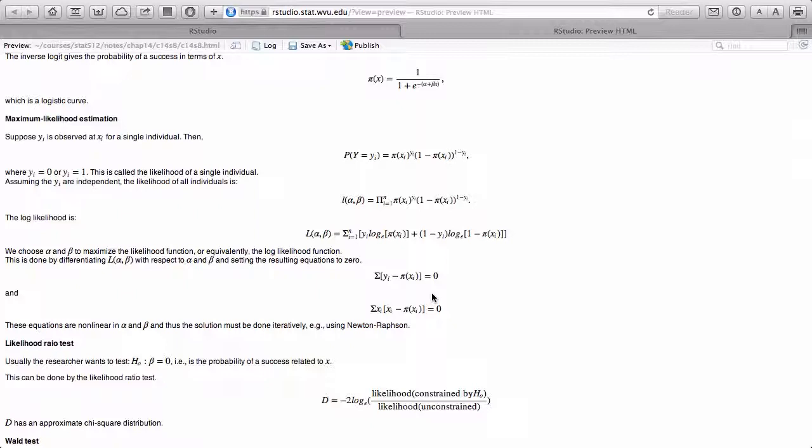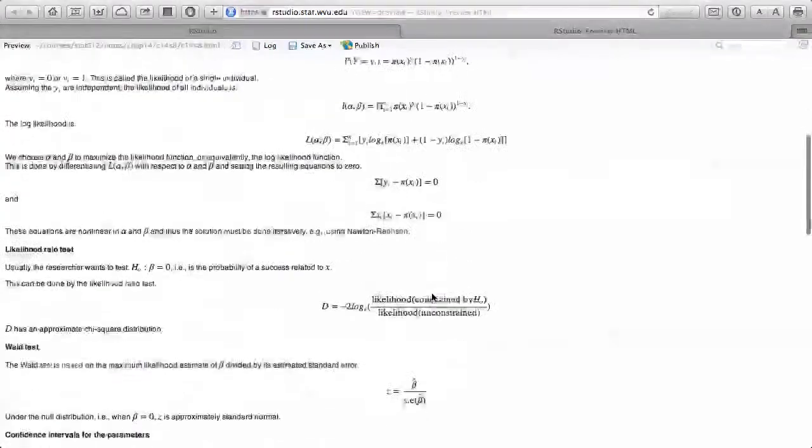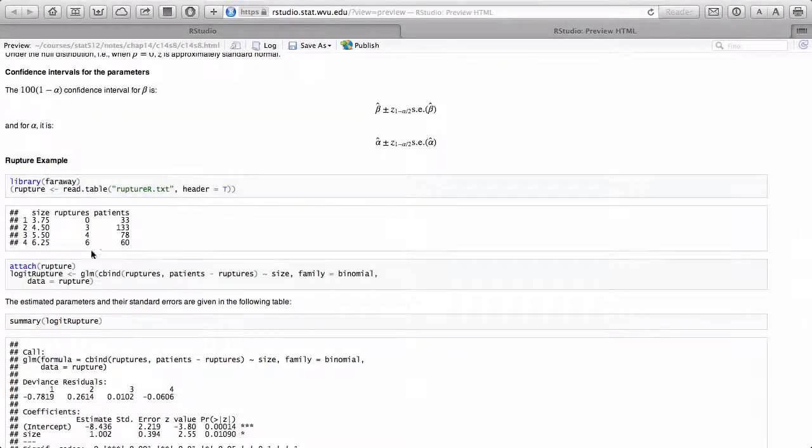The method shown in the book, and I won't go through the details, is called Newton-Raphson. You start out with an initial value. In this case, we'll start with beta equals 0, and alpha will be the overall proportion of patients that have a rupture.